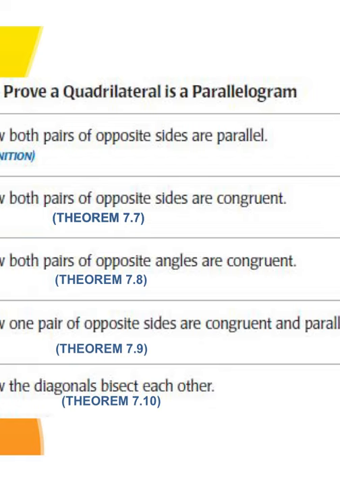On the next slide, it is also the same 5 ways, but they've got pictures, okay? This is also a summary page with pictures. Go ahead and put summary, but with pictures, or with pics, okay? Nice little diagrams for you. Remember, if both pairs of opposite sides are parallel, that's just the definition. And then we've got 4 theorems after that, okay?